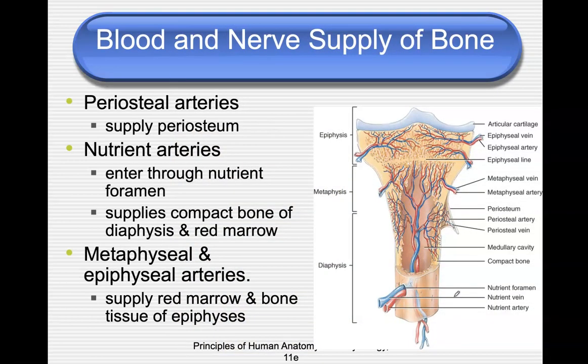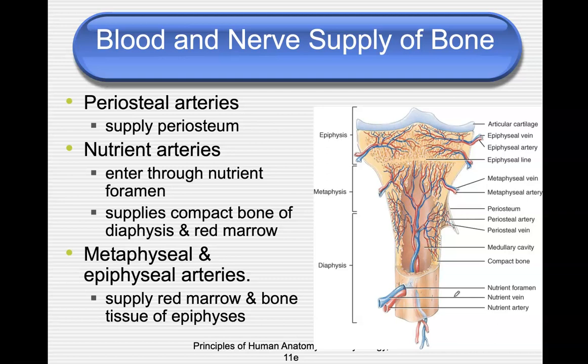And when we talk about bone, keep in mind that bone is very vascular. This is actually the reason that bones often heal faster. If you break a bone, it actually heals faster than a sprained ankle or something like that. Because anytime you're damaging or tearing a tendon or a ligament, those are not very vascular, so they take a long time to heal.